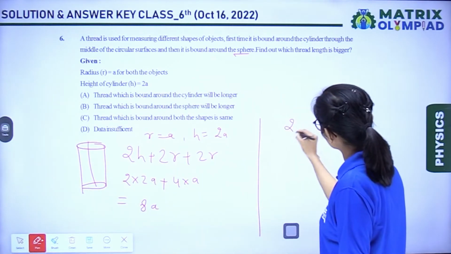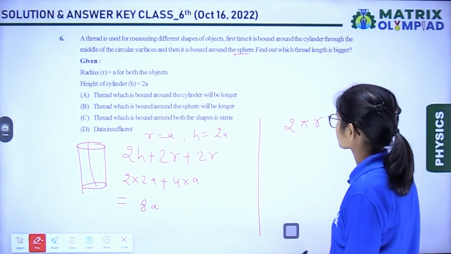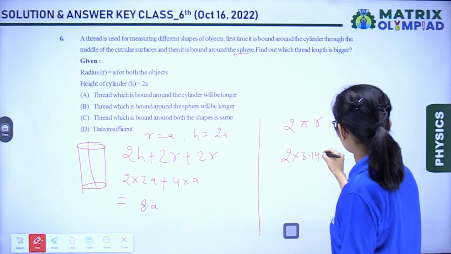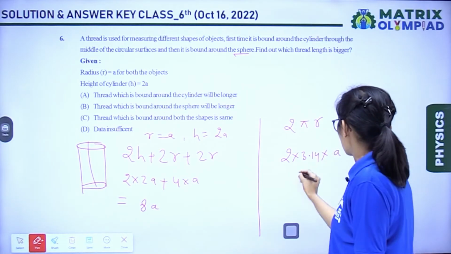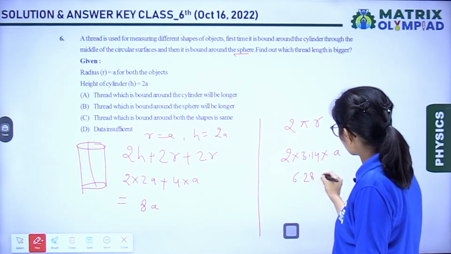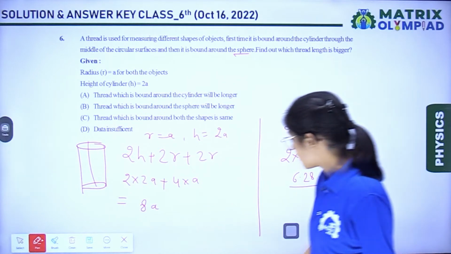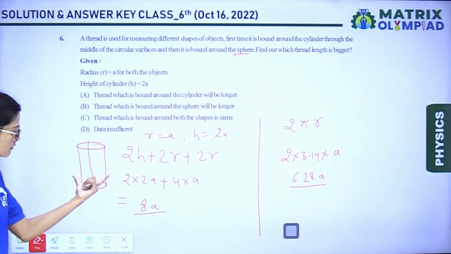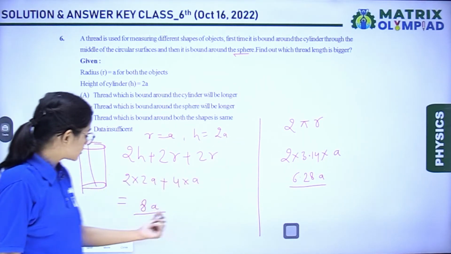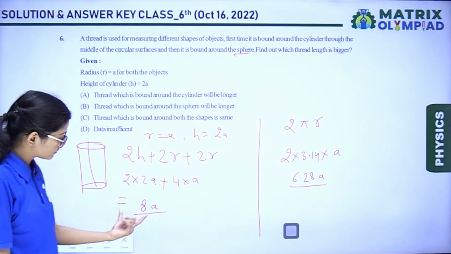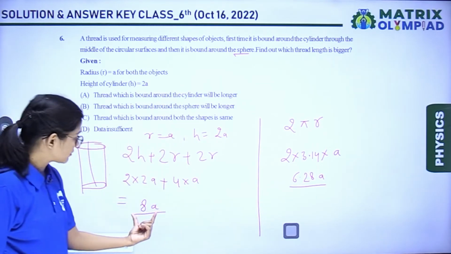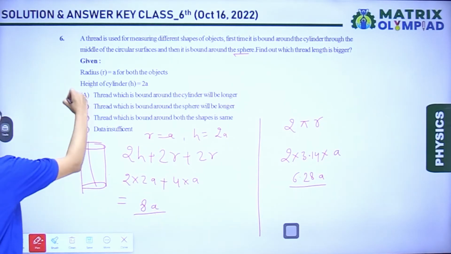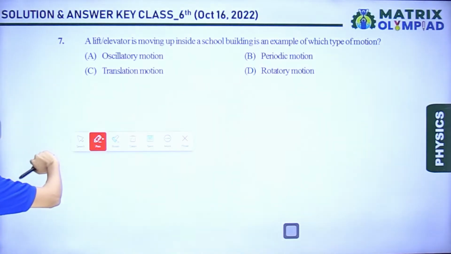If I'm talking about the sphere, then the length will be 2 pi R. If I put the values of pi and R, then 3.14 into 2A, that will be 6.28 into A. Now compare the lengths of the thread rounded around the cylinder and then the sphere. Which one will be greater? This one and this one. This one will be greater. For the sixth question, our answer will be A.